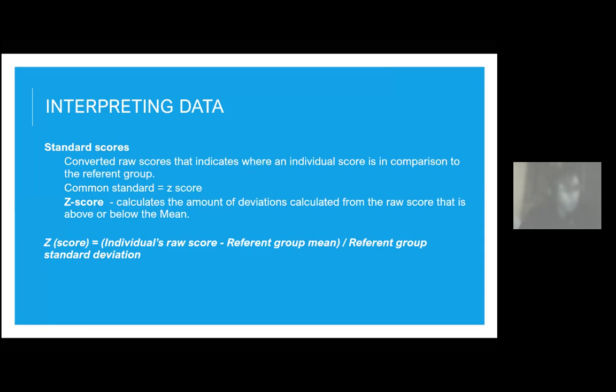And what the z-score calculates is the amount of deviation from the raw score that is above or below the mean. And the mean again is the average of all the scores. So the formula for a z-score is the individual's raw score minus the reference group mean, and that is then divided by the reference group standard deviation.